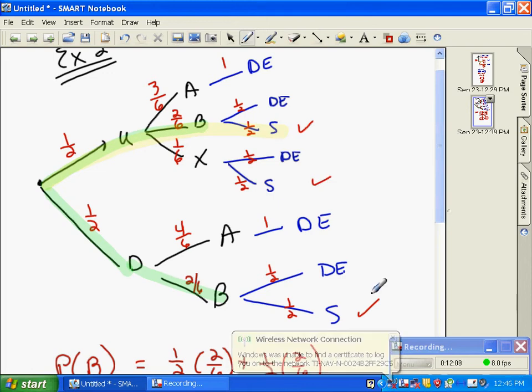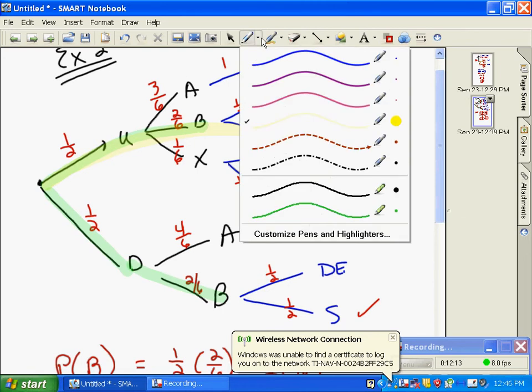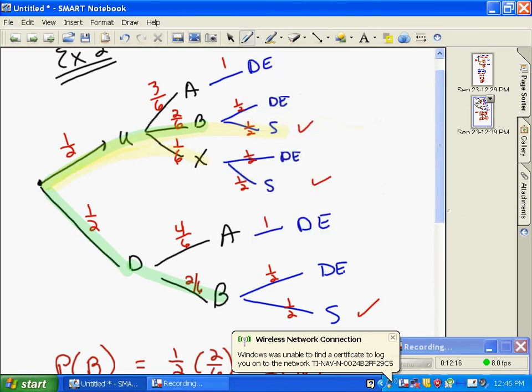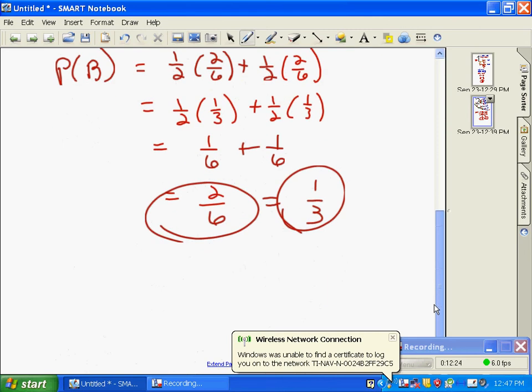Okay, so you multiply all those branches together to see what we get, and then we add them. So the probability of getting S at the very end, those check marks that I have in red, that's what we're going to add together.